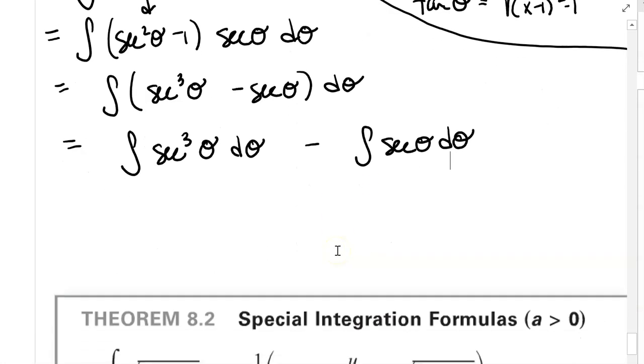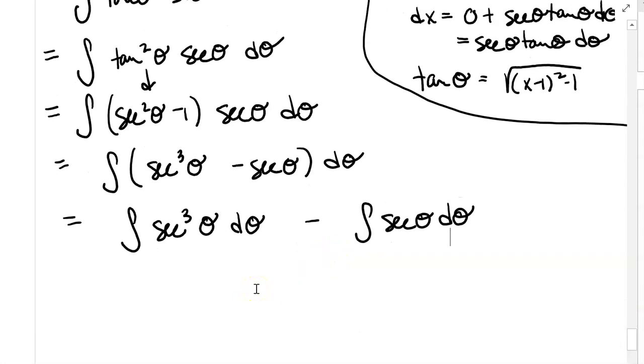Now, the integral of secant cubed of theta is very, very complicated, and on a timed test, I'm not going to throw that in the middle of a problem, or at least I don't plan to.